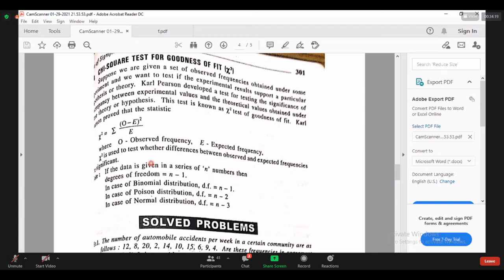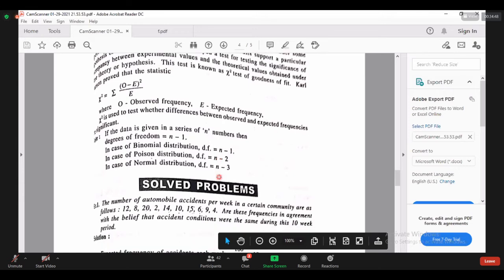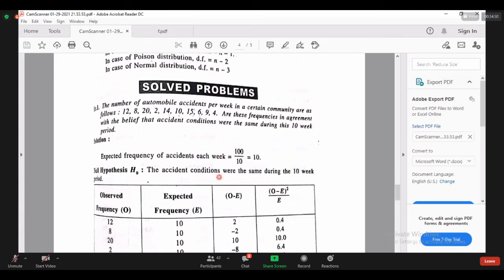Only the test statistic will change. The formula is this one. If the data is given as a series of n numbers, then the degrees of freedom is n minus 1. Once we discuss one problem, we can understand this.